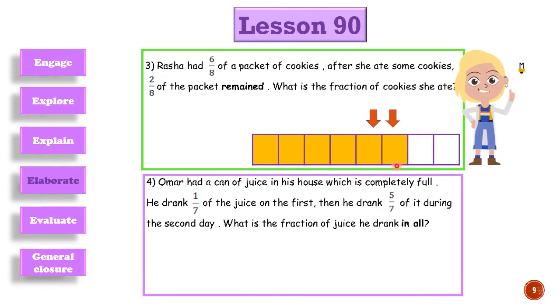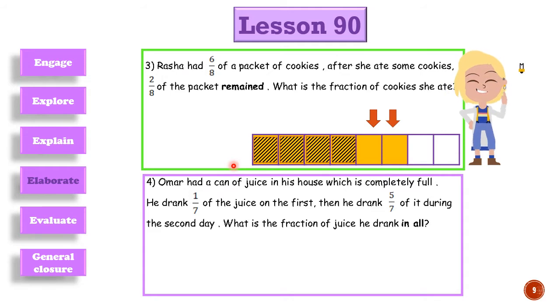If these two parts remained, now the rest of these parts would be eaten. Then I color them as the eaten part. Now, in mathematics, it will be 6/8 minus 2/8 equals what? Keep the denominator as it is and just subtract the numerators. 6 minus 2 equals 4 parts out of 8. Then she ate 4 parts out of 8.